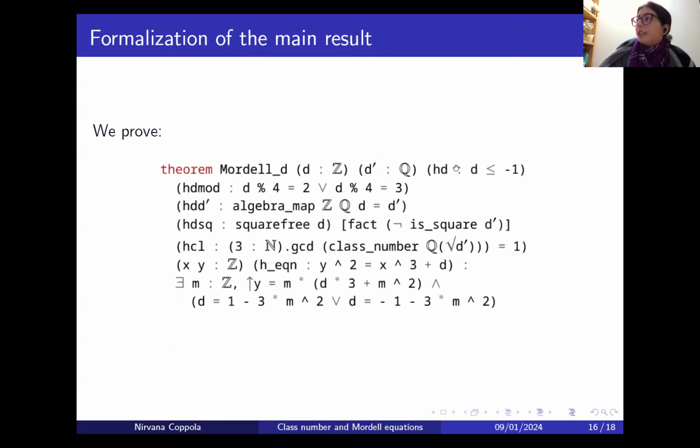So if we have a negative integer t that is 2 or 3 mod 4, square free, and obviously not a square, and if additionally 3 does not divide the class number of the corresponding field or ring, depending on how we want to state it, then if this equation has a solution, there exists some m such that y and d are of the form that I mentioned in the other statement. Probably it's more readable in LaTeX than in Lean.